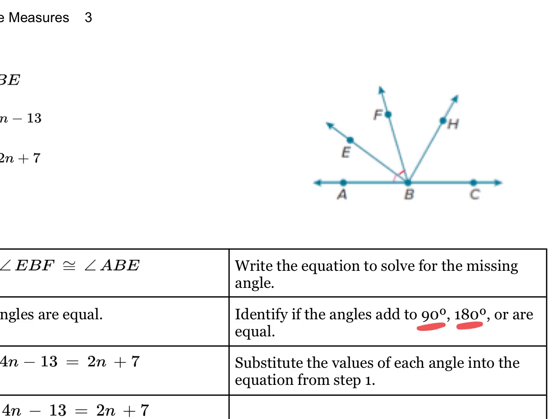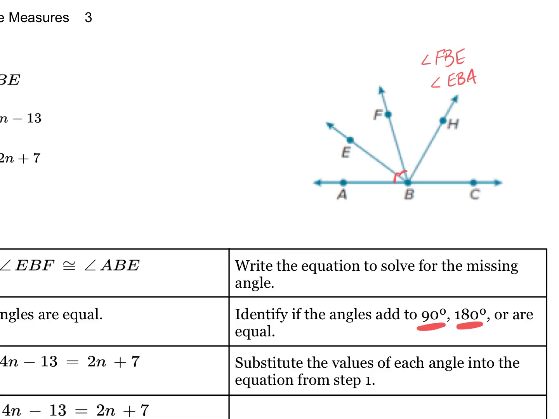you notice that there's that little pink circle, that little pink arc for angle FBE and angle EBA. Okay, they both have that little pink arc.